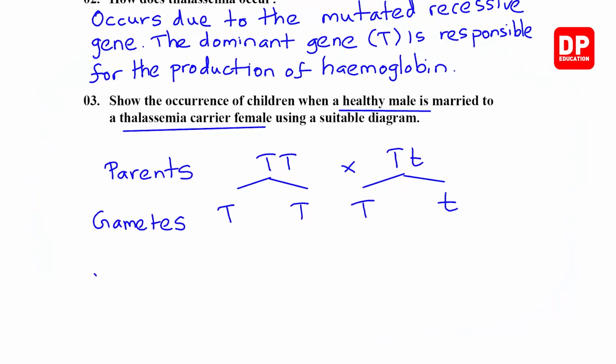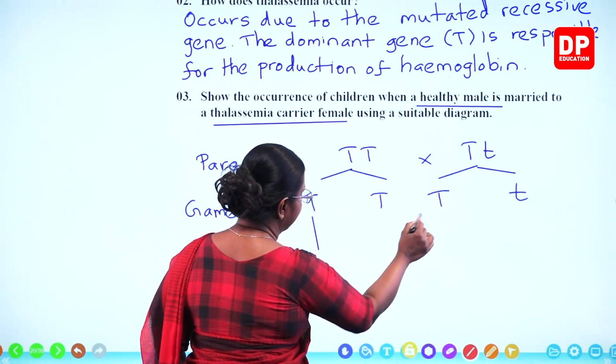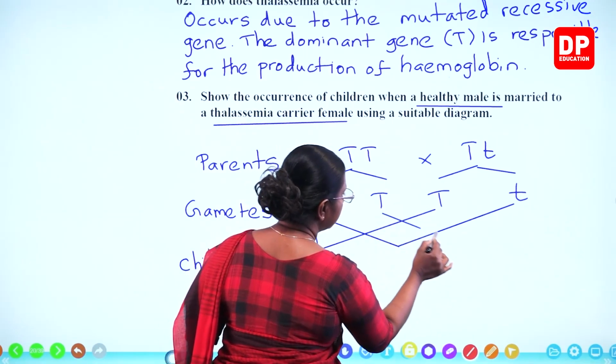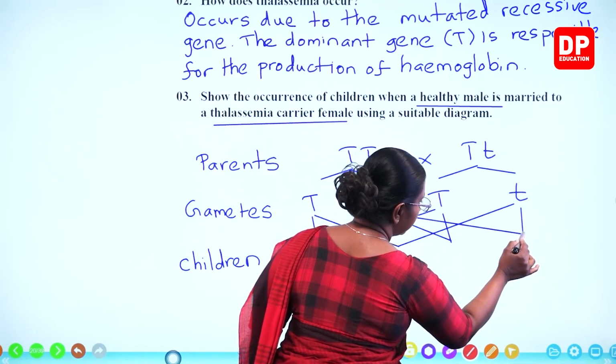Then children. Occurrence of children. So these two will combine, and then the combination of those two genes and the last two pair.